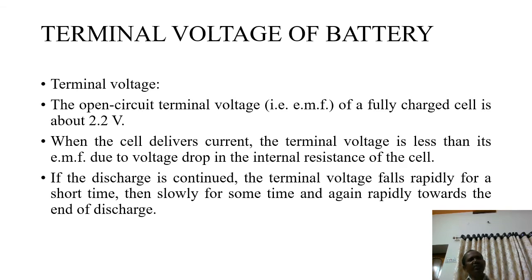That is what we observe in our laboratory. Anywhere you observe the battery, the terminal has some voltage; if the voltage is reduced, the battery will start discharging. If the discharge is continued, the terminal voltage falls within a short duration.